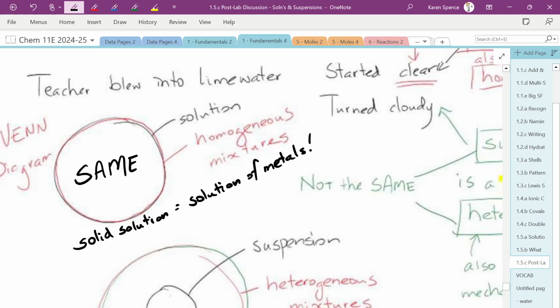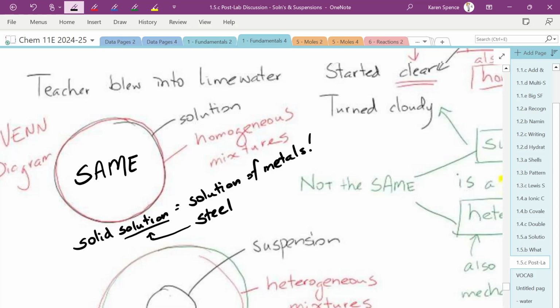So for example, steel is a solution. 18-karat gold is a solution.